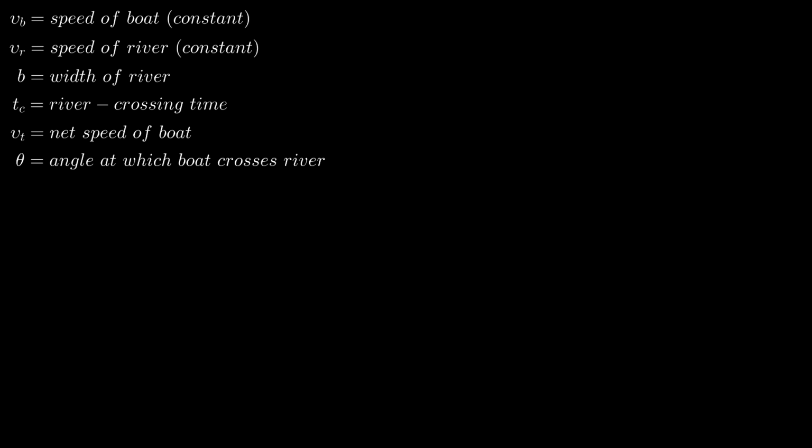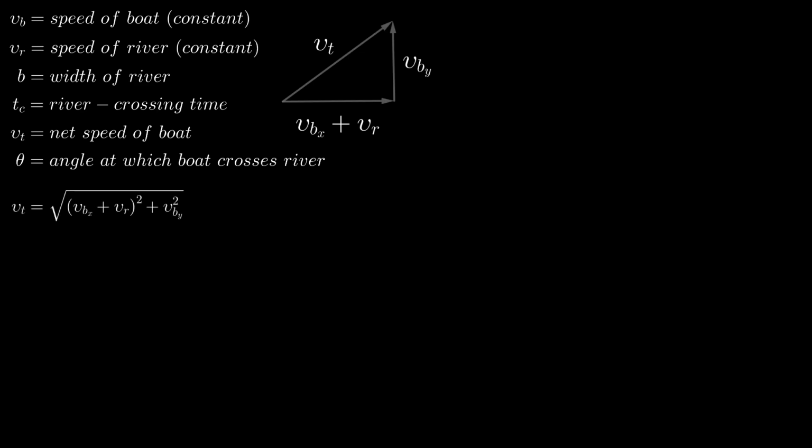Okay, so now let's formulate mathematically T_C. Let's find U_T first. As you can see here from this force sketch, U_T equals the square root of (U_Bx plus U_R) squared plus U_By squared. U_Bx is the x component of the speed of the boat, and U_By is the y component of the boat speed. As you see here, cosine of theta equals U_Bx over U_B, which gives U_Bx equals U_B times cosine of theta.